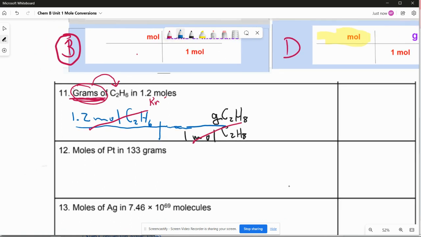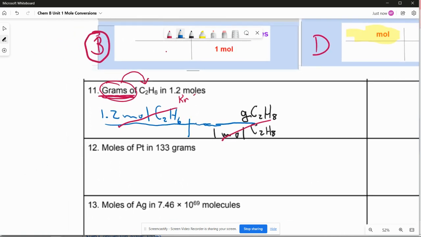I'm going to scoot this over just a little, and we're going to have 2 carbons. Carbon is 12.01 on your periodic table, so 2 carbons is 24.02. And we have 8 hydrogens.